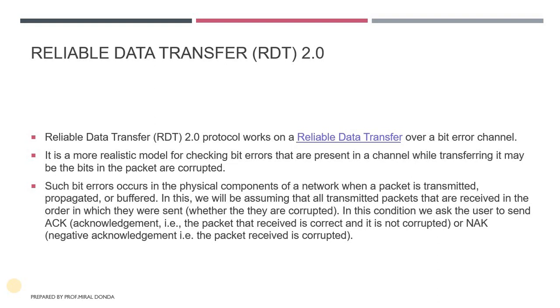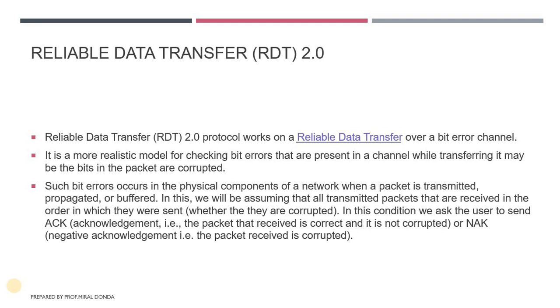Sometimes an error occurs due to some physical device, some transmission media, or the internet, so a bit error occurs or the packet may be corrupted. In this condition we ask the receiver to acknowledge the packet, that the packet received is correct or that it contains an error.